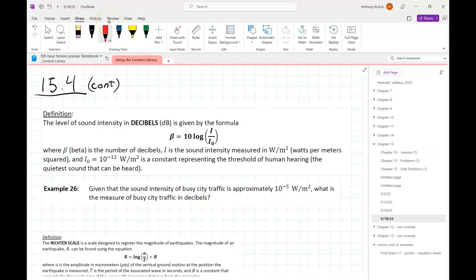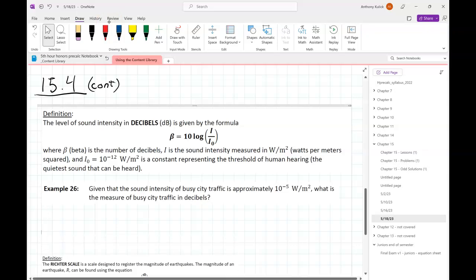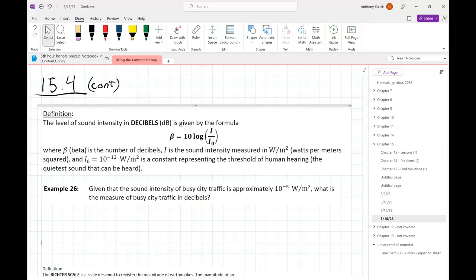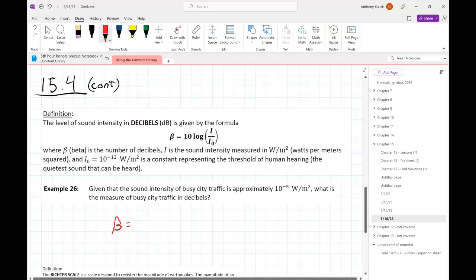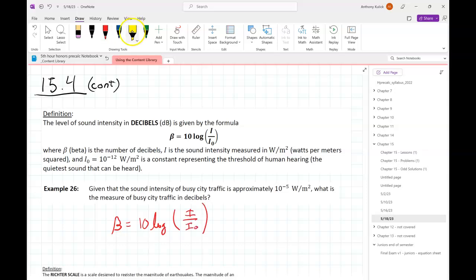All right, so let's look at an example. Here it says, given the sound intensity of a busy street is approximately 10 to the negative fifth watts per meter squared, what is the measure of busy city traffic in decibels? It's asking for decibels, so we know we want to use this equation.